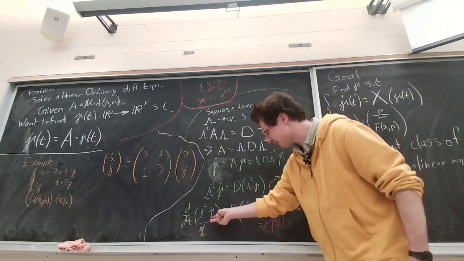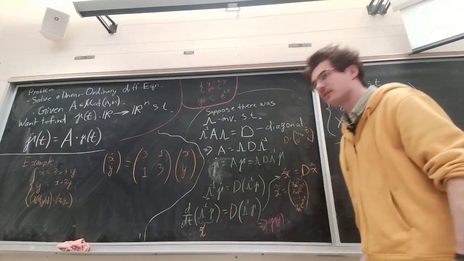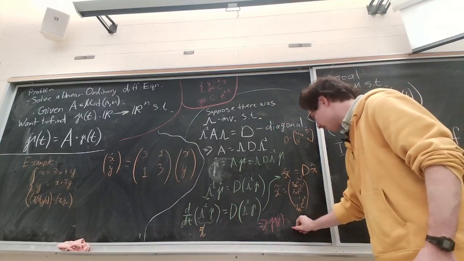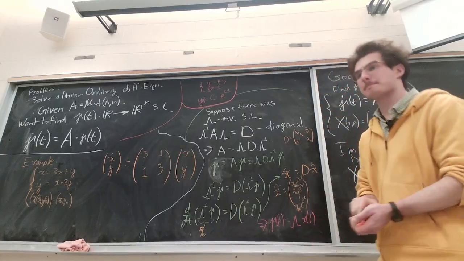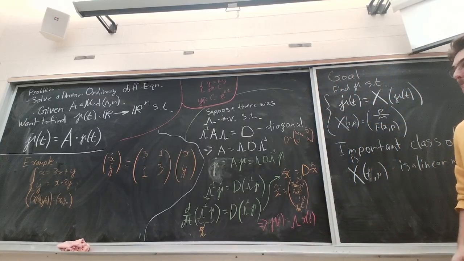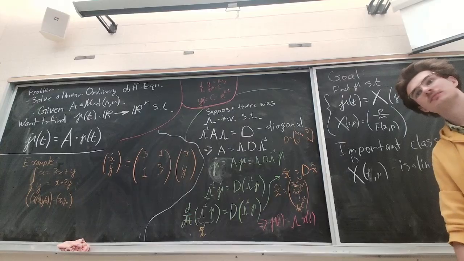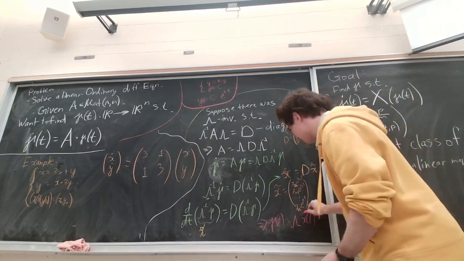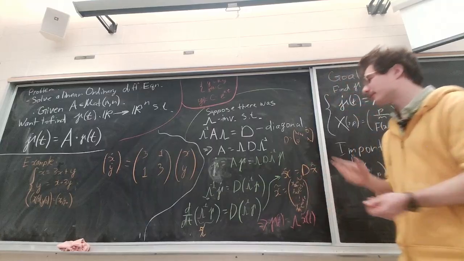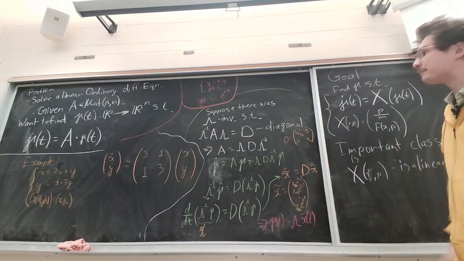So it was like this, and so gamma is equal to lambda x tilde, correct. Yes. And there is no other x here anyway. Okay.